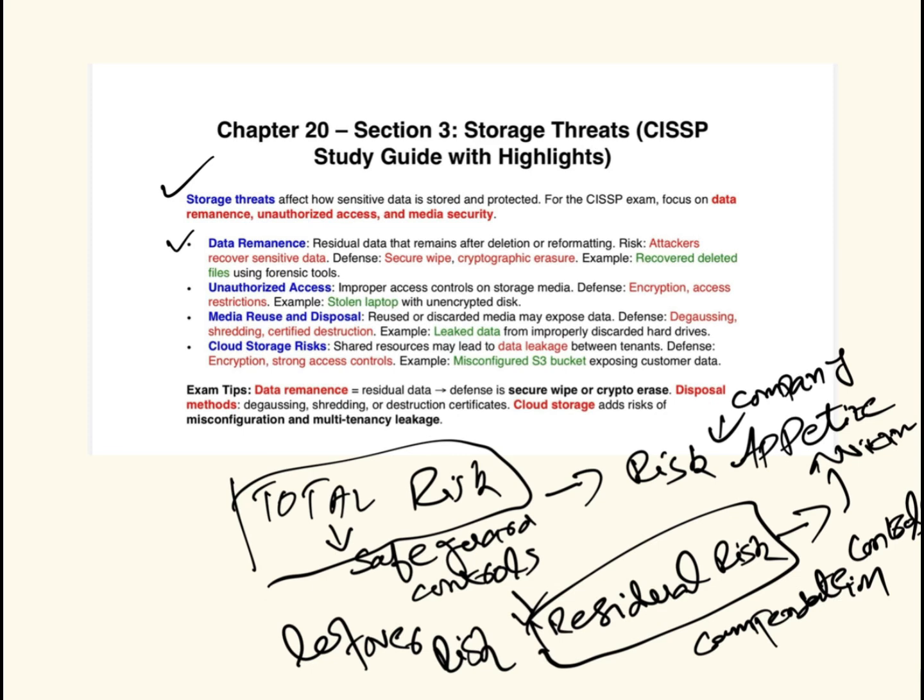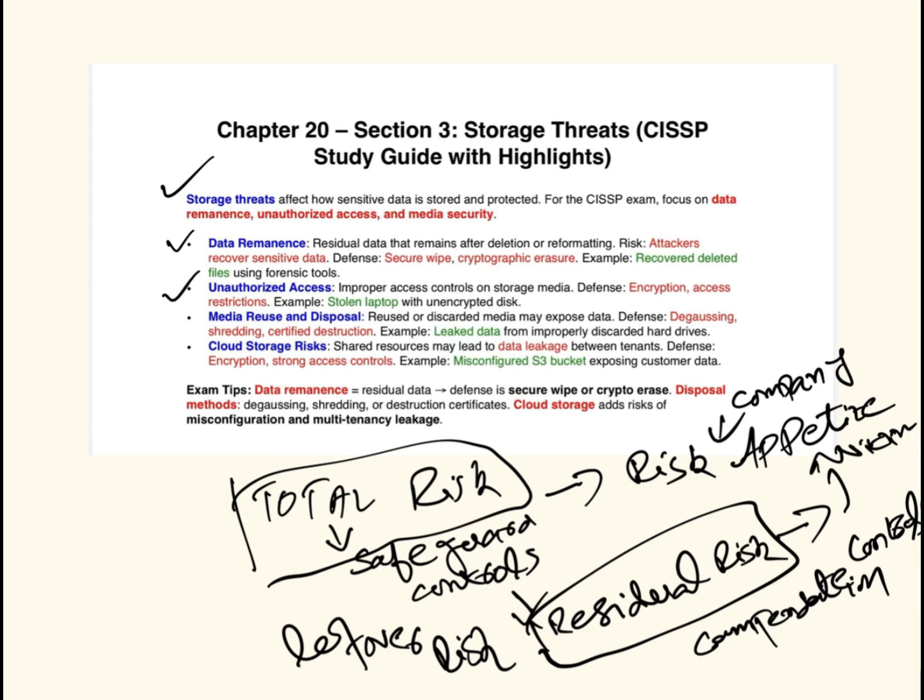I tried to explain all those terms here. It has nothing to do with this slide, but just for better clarity, because you may see questions related to these terms. Now we continue our discussion.